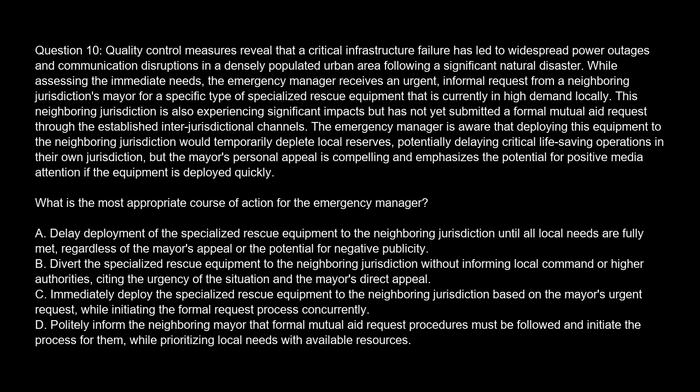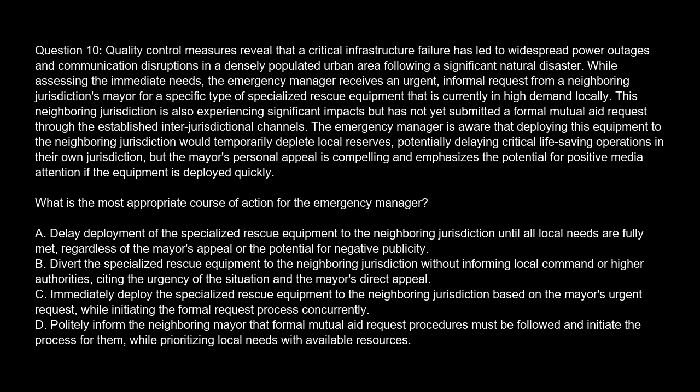Question 10. Quality control measures reveal that a critical infrastructure failure has led to widespread power outages and communication disruptions in a densely populated urban area following a significant natural disaster. While assessing the immediate needs, the emergency manager receives an urgent, informal request from a neighboring jurisdiction's mayor for a specific type of specialized rescue equipment that is currently in high demand locally.